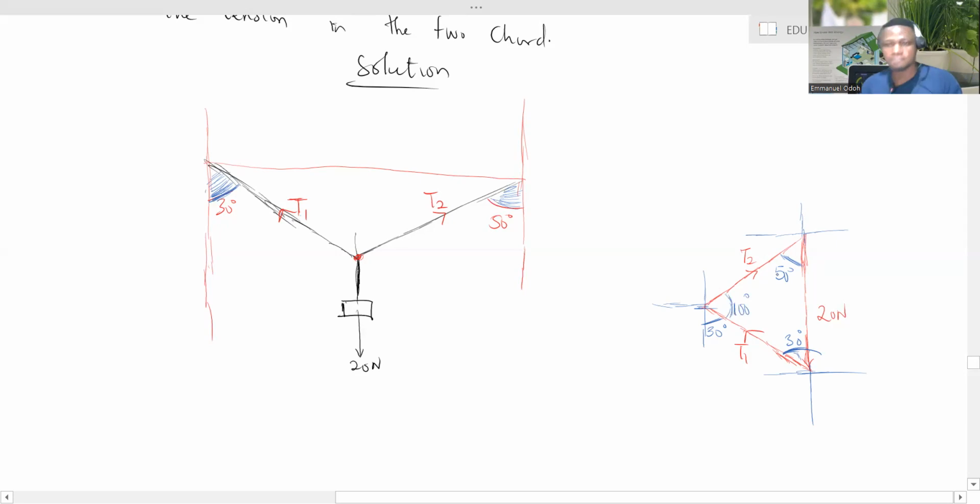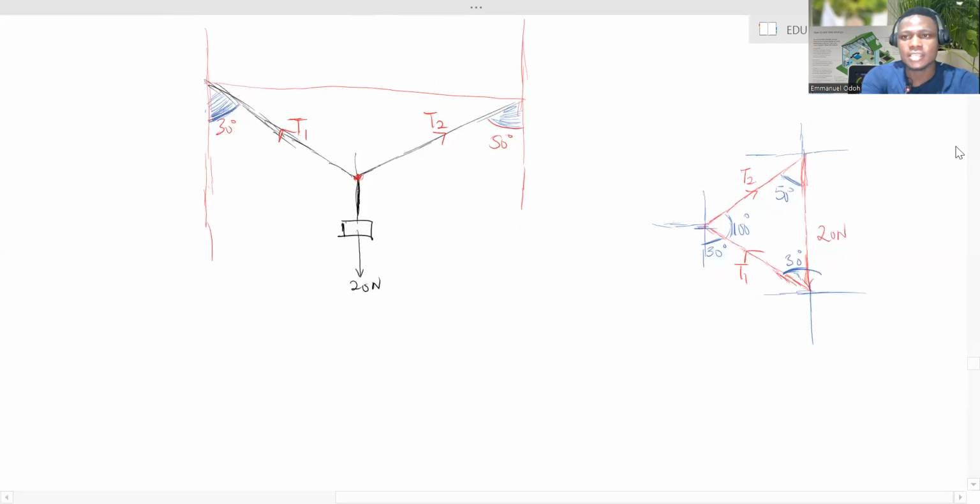So we've gotten all three angles of our triangle. Having established that, we can now solve and use the cosine rule very well, or the sine rule, but preferably the sine rule is better in this case.